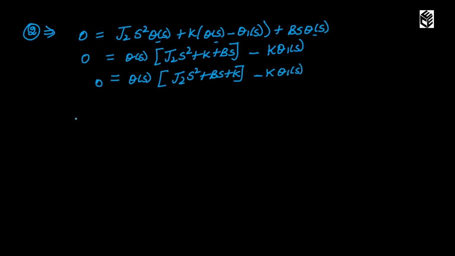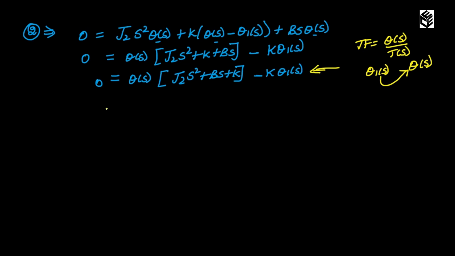The left side is 0. So, we need to find the transfer function, which is theta of s by T of s. But in the question we have two displacements, that is theta of s and theta 1 of s. So, I am going to find theta 1 of s in terms of theta of s from this equation.